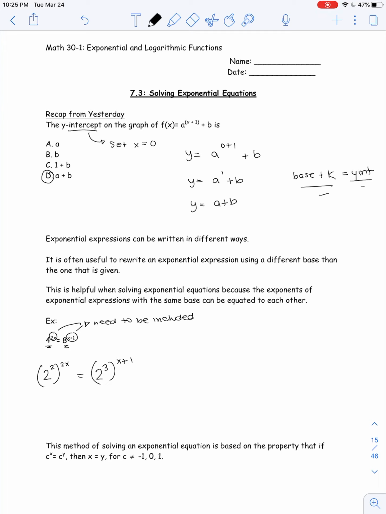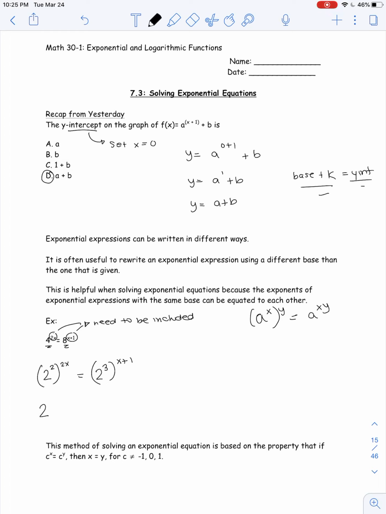Now this is where we have to practice our exponent laws. Our exponent law says that whenever I have a base with a power raised to a new power, you always multiply your powers together. So that's what we're going to do here.